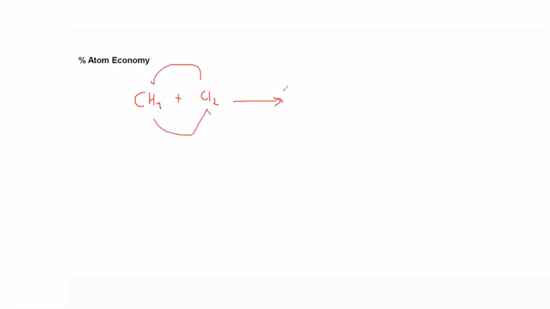So if I ask what is the atom economy for the desired product, what we want to produce, chloromethane CH3Cl. If you want to produce chloromethane, it is our desired product.